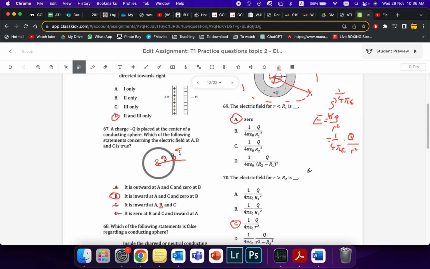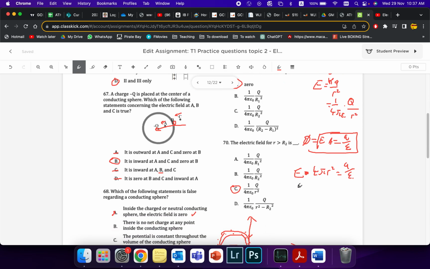Another way to do it is by deriving it. You can just use the derivation. E A equals Q enclosed over epsilon naught. We're talking about this part over here. Then you can rearrange the formula to get E. The area of a sphere is 4 pi r squared, so E times 4 pi r squared equals Q over epsilon naught.